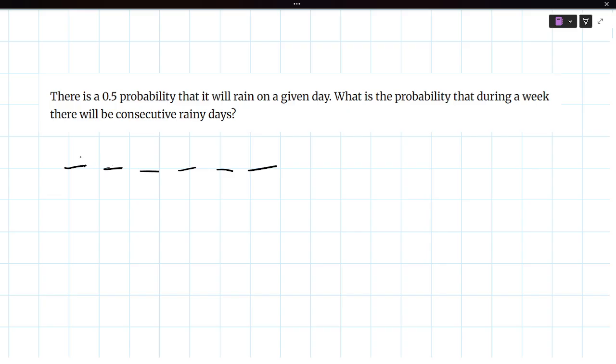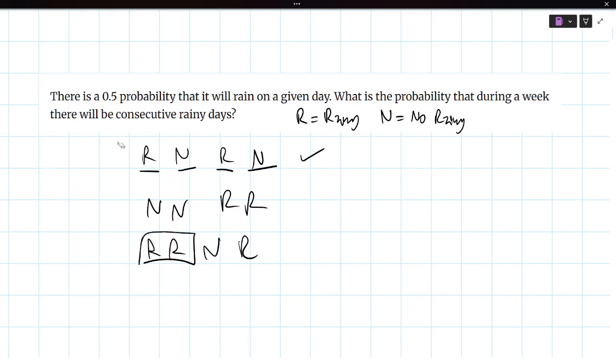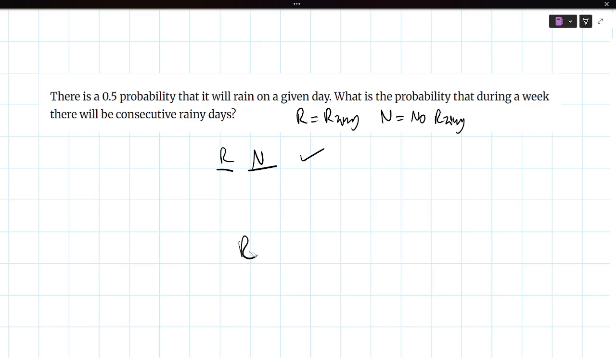So, an example of consecutive rainy days, if I say R is rainy and N is no rainy day: RRRNRN is an example of consecutive rainy days in a week. RRNNRR also counts, or RNRRNR also counts because of this. So this is my first conceptual level understanding of the problem.